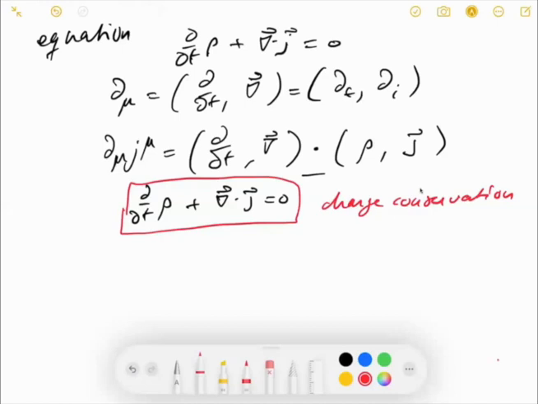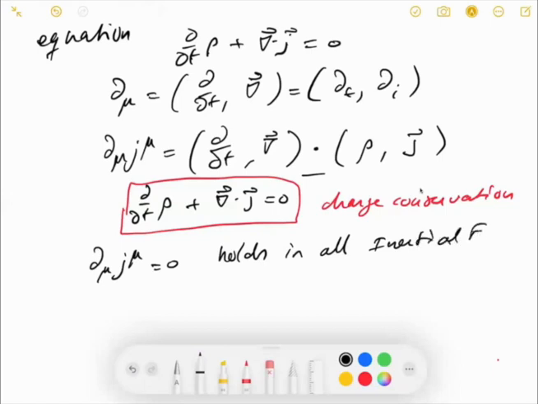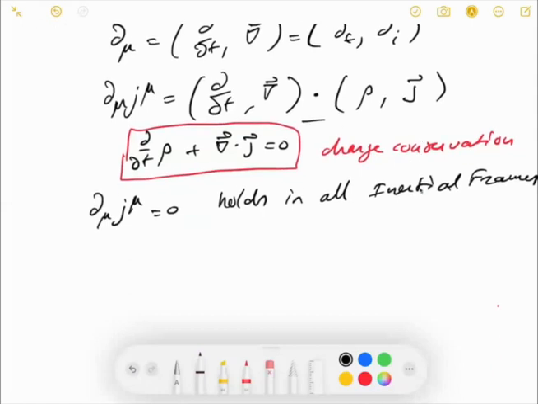So del mu j mu equals 0 holds in all inertial frames. Now, the other way to see that this holds is to see that it's not really an accident, because that's covariant, right?